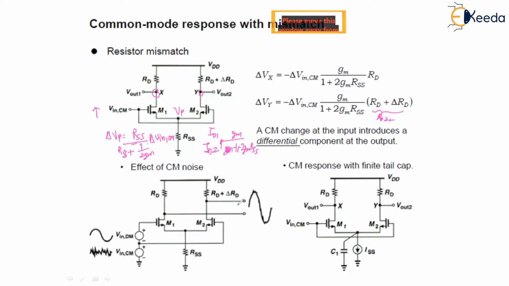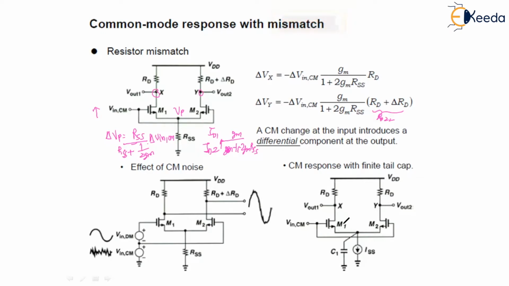So we make two observations. First, as the frequency of the common mode disturbance increases, the total capacitance shunting the tail current source introduces larger tail current variation, and thus even if the output resistance of the current source is high, common mode to differential conversion becomes significant at higher frequency.